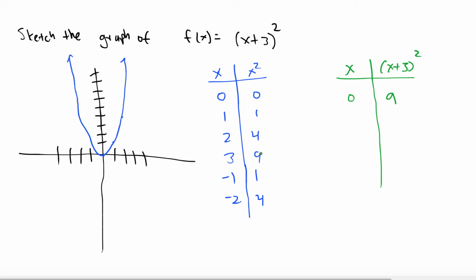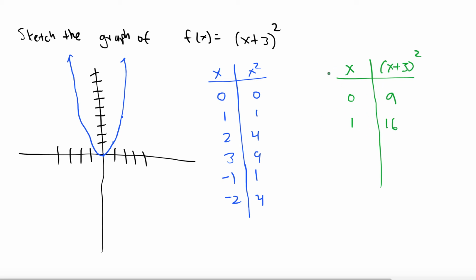Here, when the function value is 9, x was 3. But here, when the function value is 9, x is 0. So you're probably thinking, let's try 1. But when I plug in 1, I get 1 plus 3, which is 4, and 4 squared is 16. Which is fine.